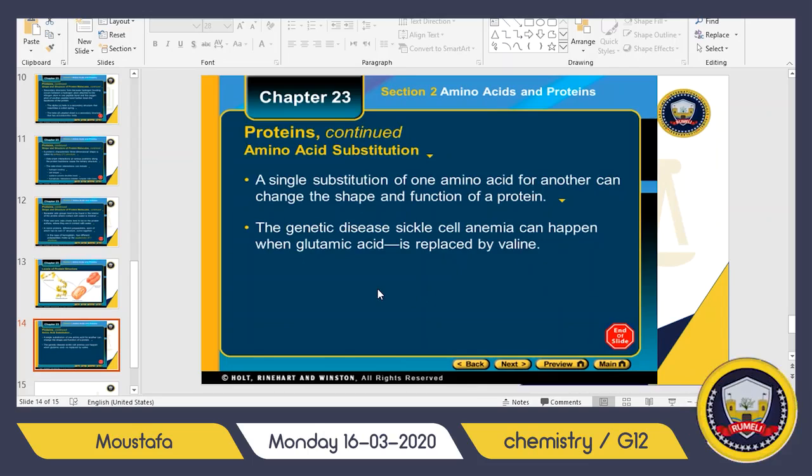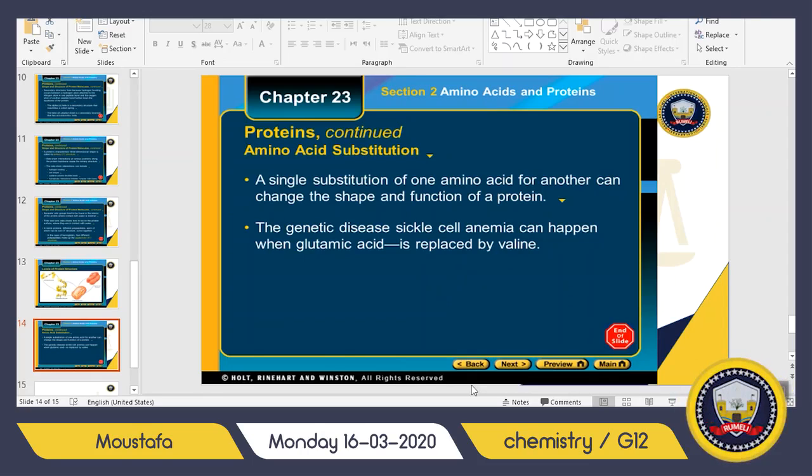And we understood inside the class that this substitution will change the shape of the red blood cells from the biconcave structure, which is the normal structure, to a sickle structure, which will affect the capacity of hemoglobin to carry oxygen to our cells.